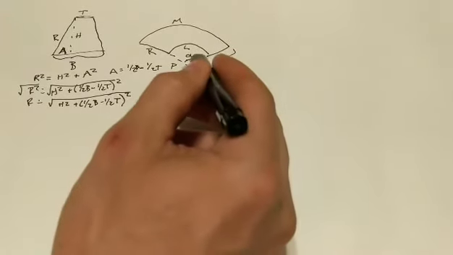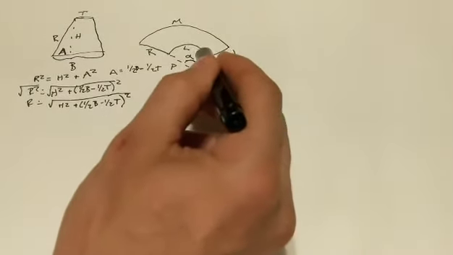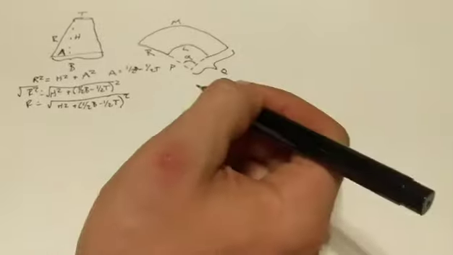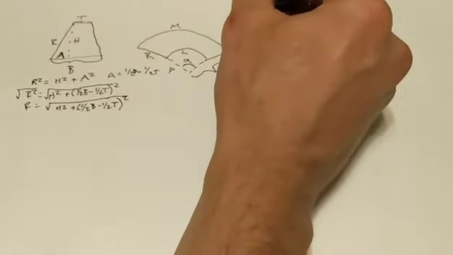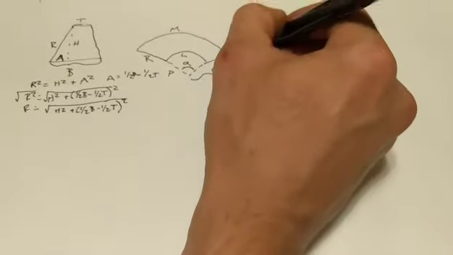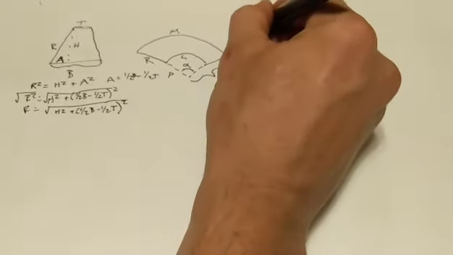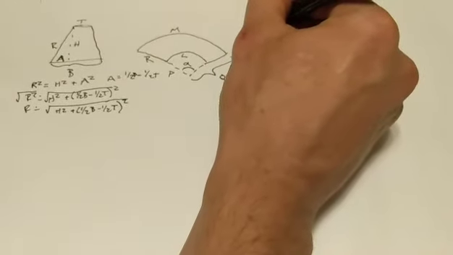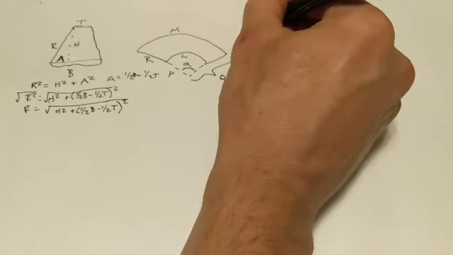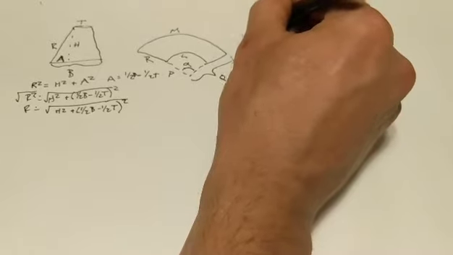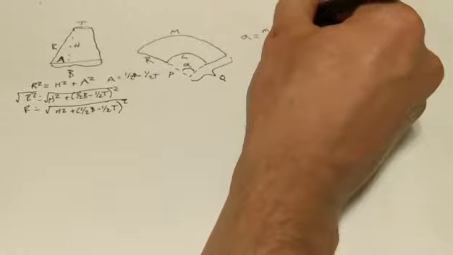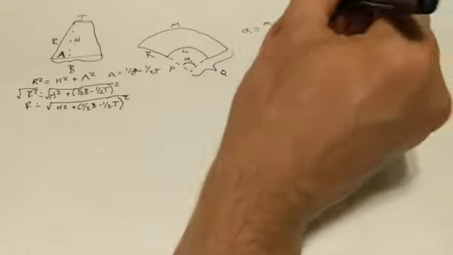Theta is a relationship between the arc and the length here. So here we'll put that theta is equal to M to Q, which is equal to L to P.